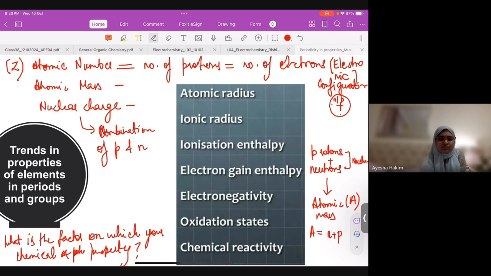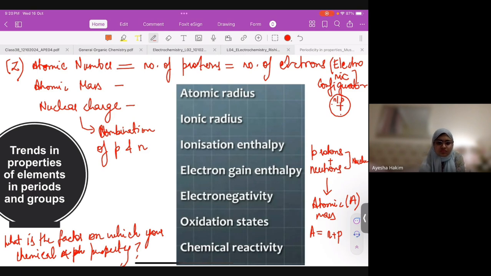It's not actually the size of the atom which decides. That is why different versions of the periodic table came up. See, the first periodic table was based on atomic mass, which was not satisfactory because there were many elements, like isotopes, that were not placed properly.